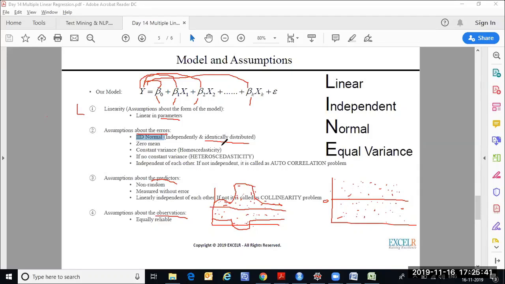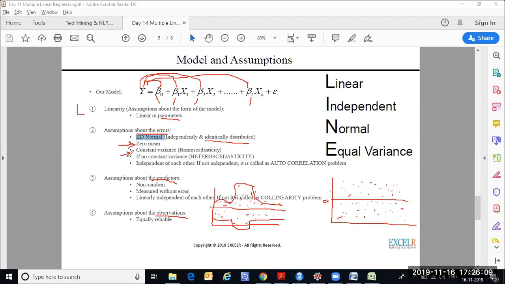That means identically distributed, symmetric distribution. And the second property is that the mean of the errors should be zero, which is very well known. And the third, most important behavior that you should see when you plot these errors, is a constant variance.